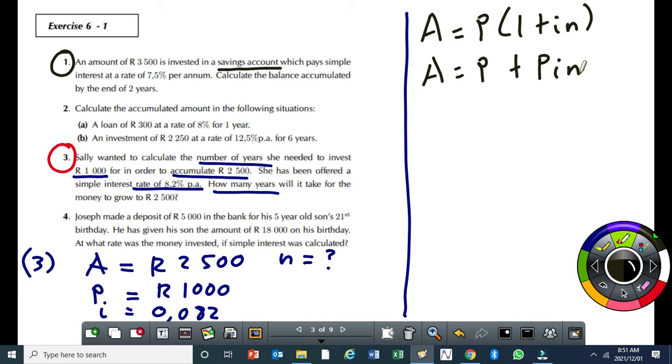So what I'm going to do in that formula, I'll make n the subject. To make n the subject, you take P to the left, and you get A minus P equal to P times i times n.